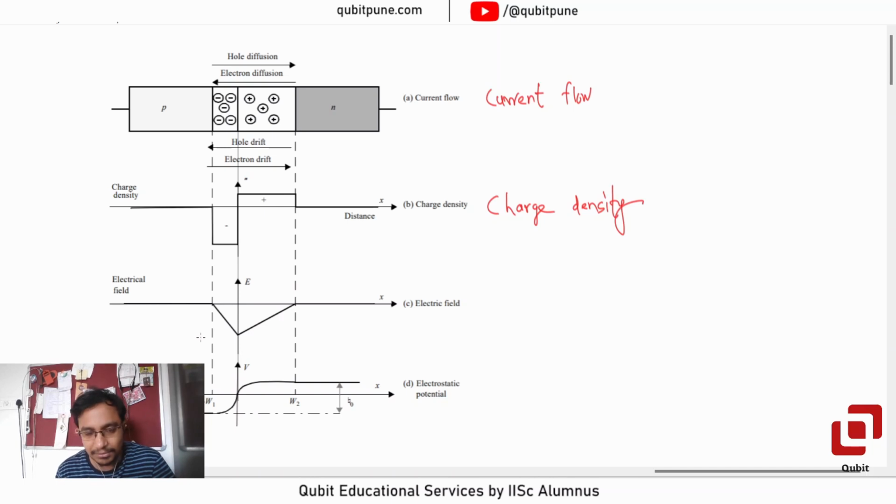Otherwise the slopes are the same, in the sense that this angle and this angle are the same, but here they are not the same. And because electric field is changing linearly, the potential, which is the integral of the field, will vary quadratically. So this is parabolic. Okay, this is parabolic variation.